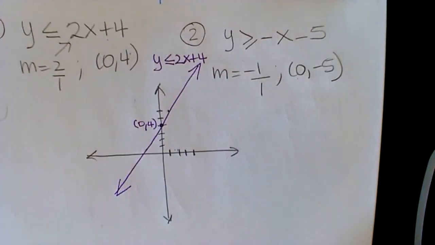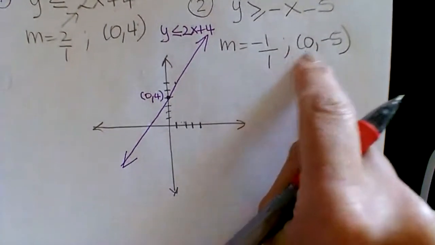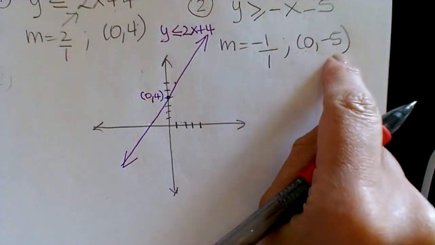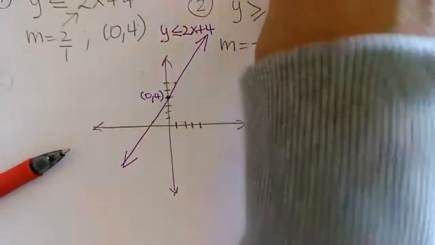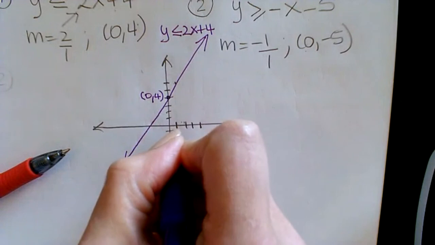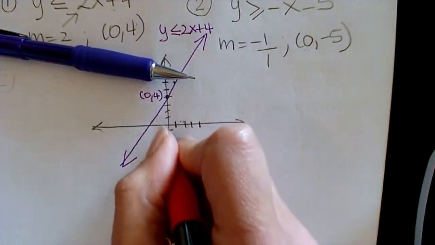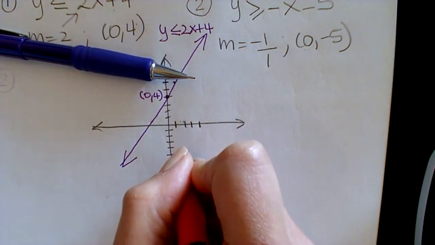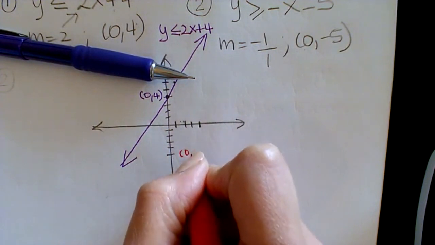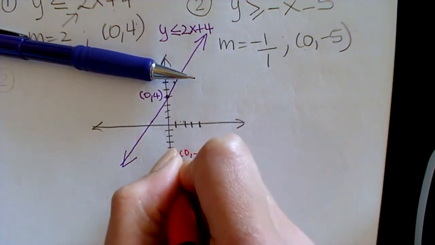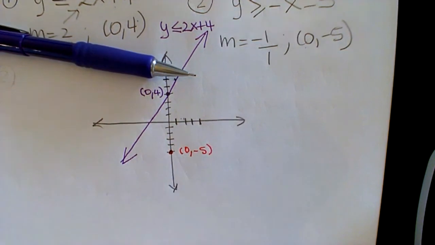Now let's do the other one. The other one is going to be 0, comma, negative 5. So we're going to go 1, 2, 3, 4, 5. Yes, so it's going to be 0, negative 5. That's where we're going to start.